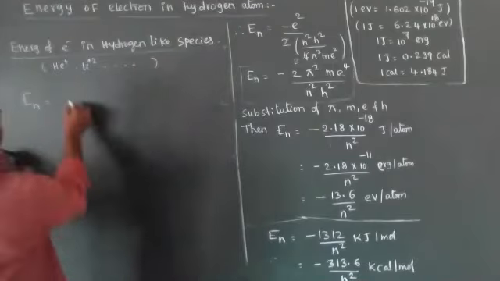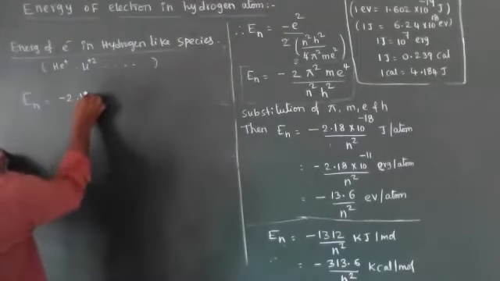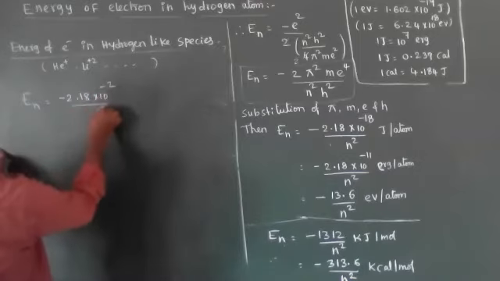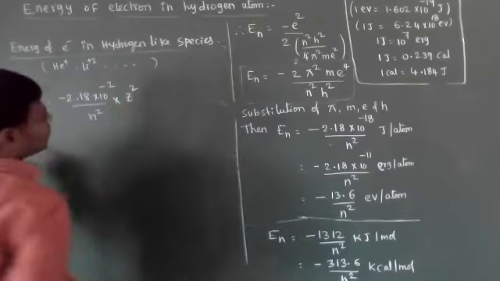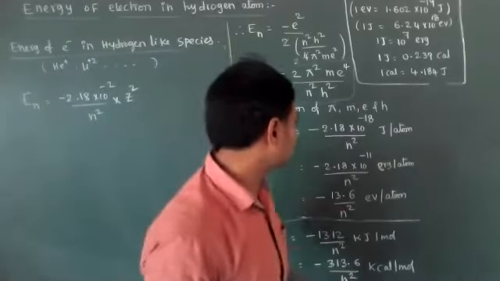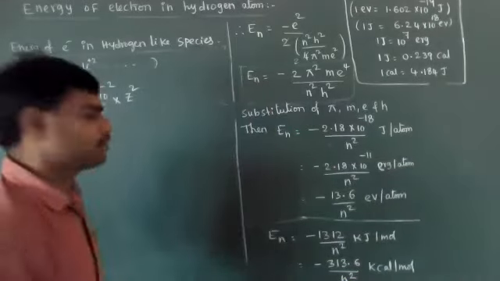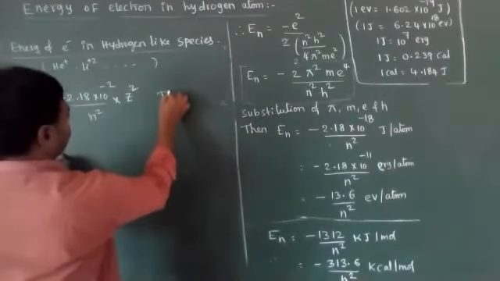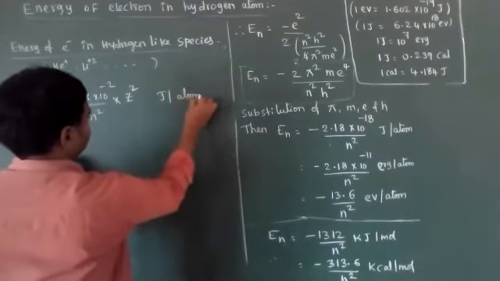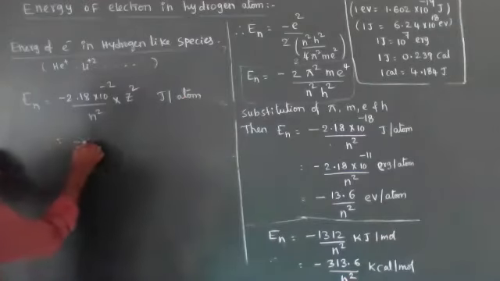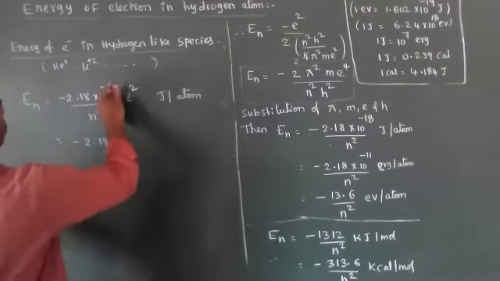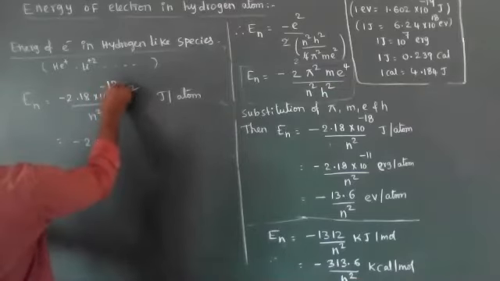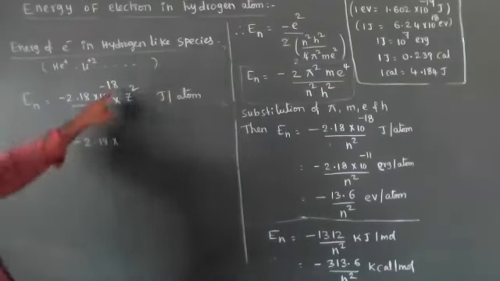The numerical values are the same: minus 2.18 into 10 to the power of minus 18 by n square into Z square. We just have to multiply all the values with Z square. In joules per atom, this value is minus 2.18 into 10 to the power of minus 18.